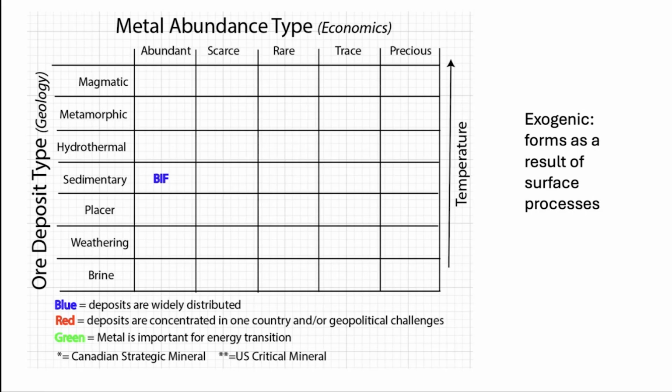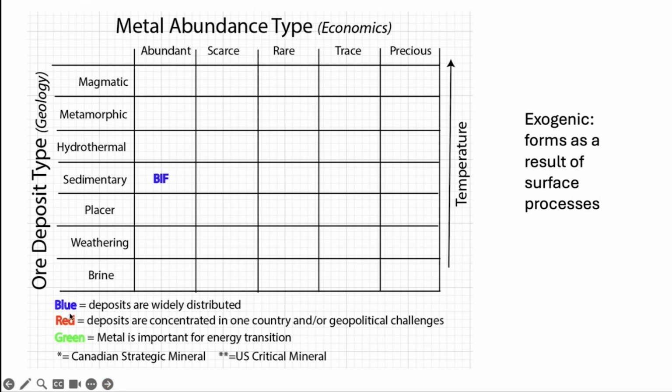And I think that's useful. So these magmatic, metamorphic, those are definitely endogenic. Hydrothermal depends. Sedimentary, placer, weathering, and brine, those are all exogenic processes, right? So in one case, we're talking about how the Earth's exterior is interacting with the solid earth to make ore deposits. In the other case, we're just talking about the interior of the earth.